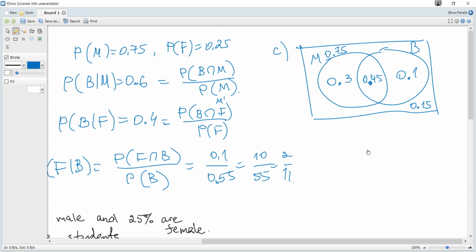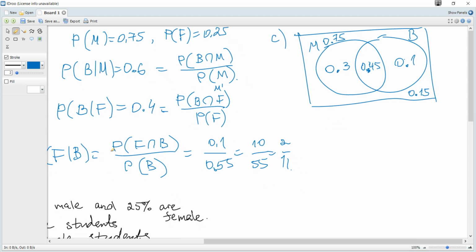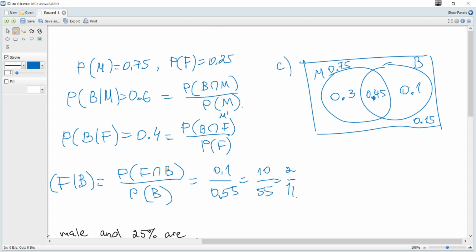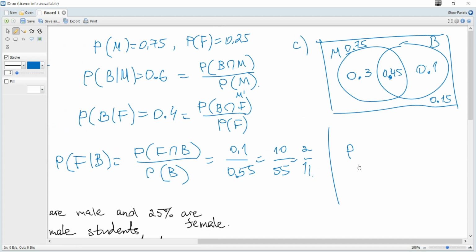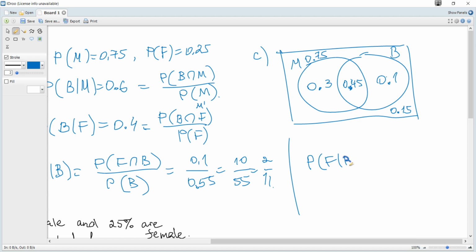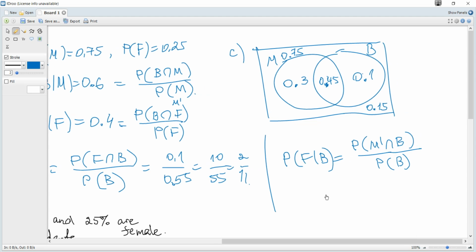And the same question actually, probability female given bike, the same formula, female and bike, but female is not male, so it becomes probability of not M and B, divided by probability of bike.